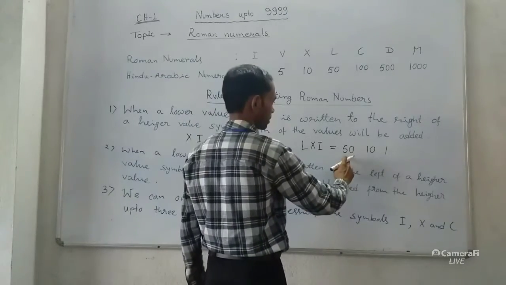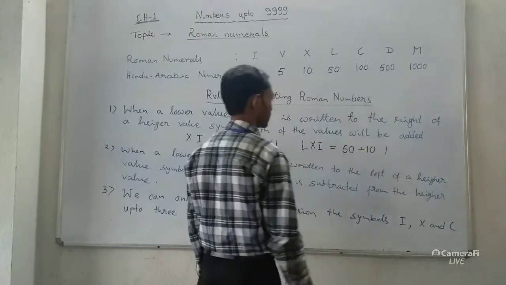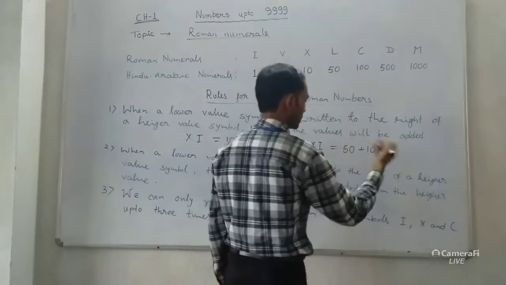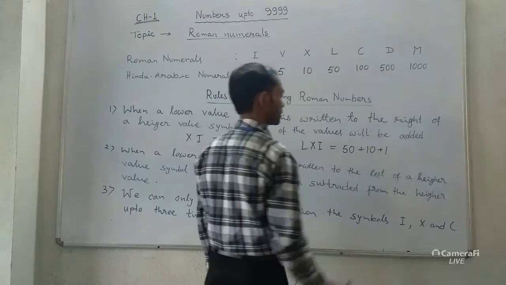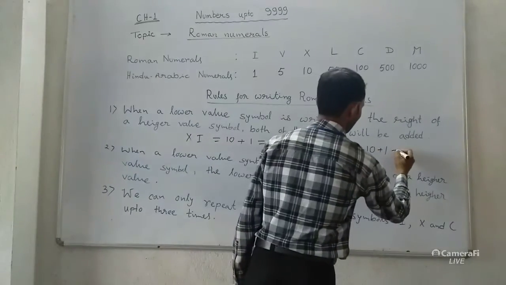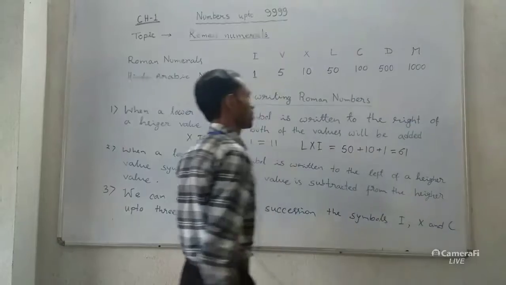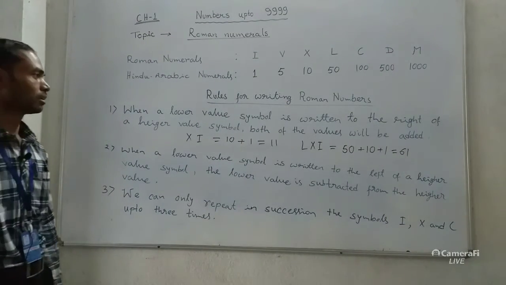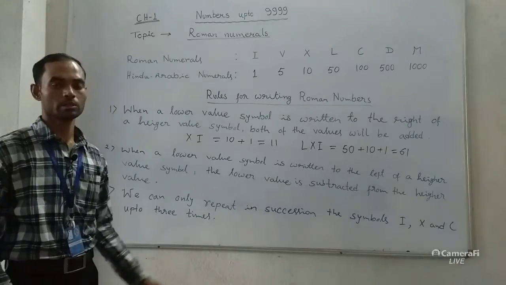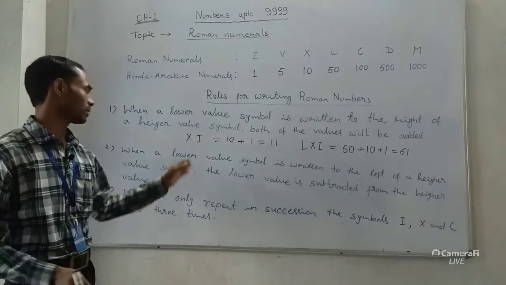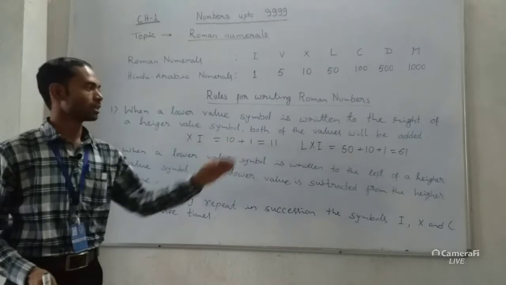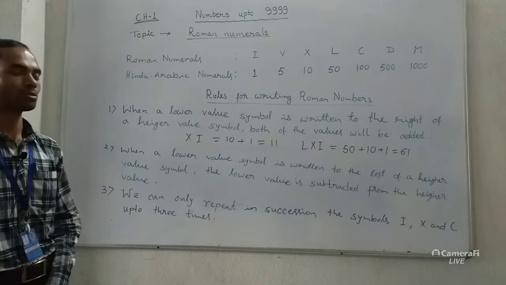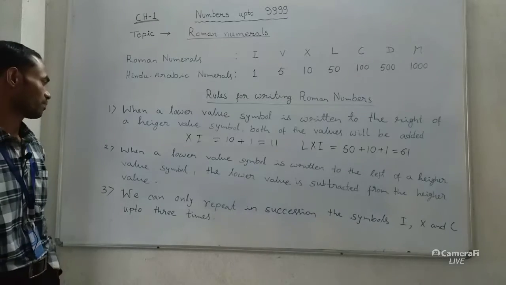The lower value is on the right side of the higher value, so they will be added, and I is again on the right side of 10, the right side of a higher value, so again add, and we get 61. So this explains the first rule, that whenever a smaller value symbol is used on the right side of a higher value symbol, then there should be addition between these two values.